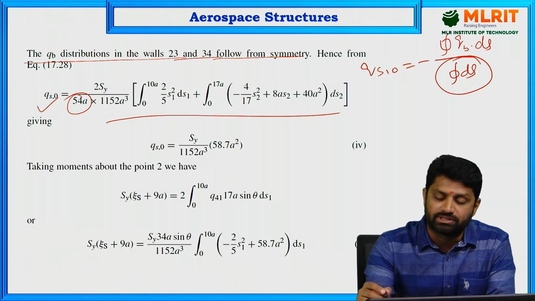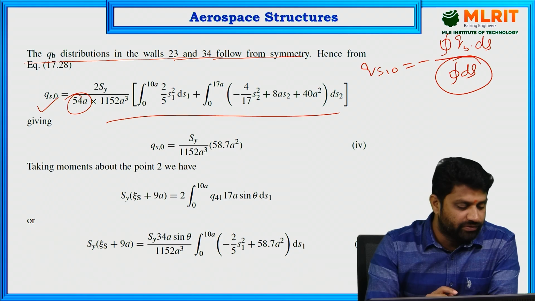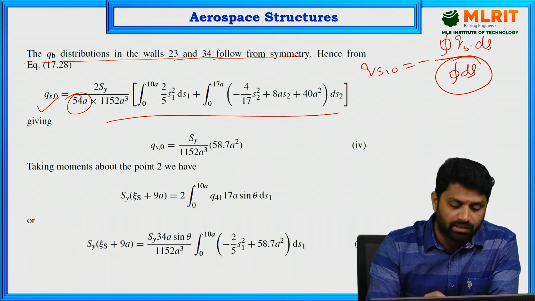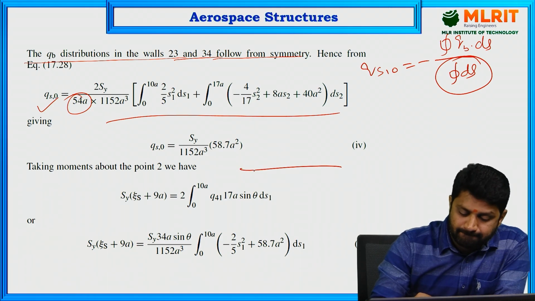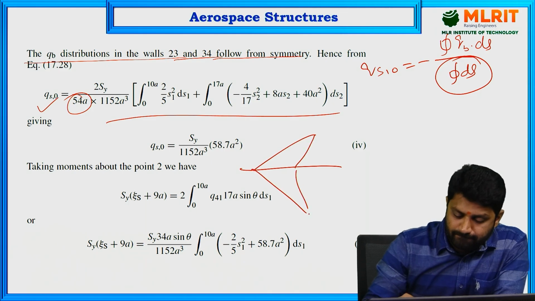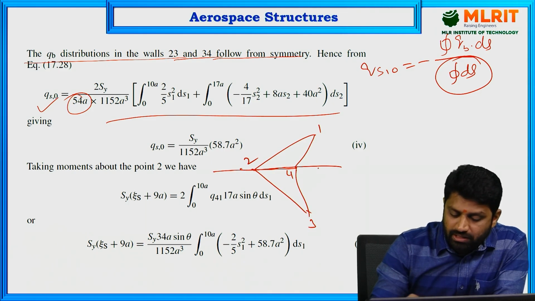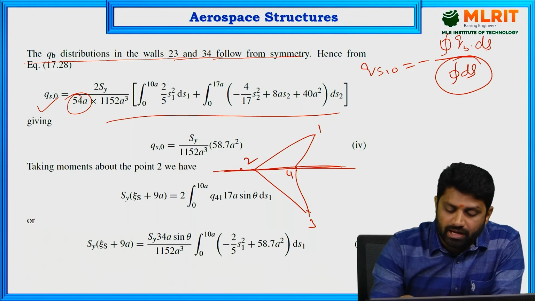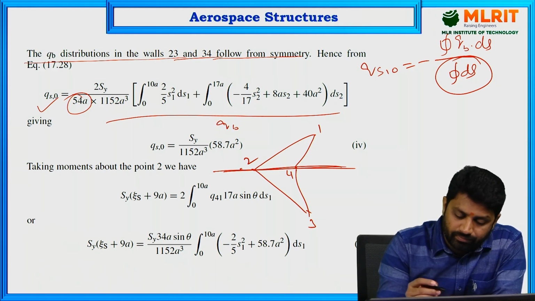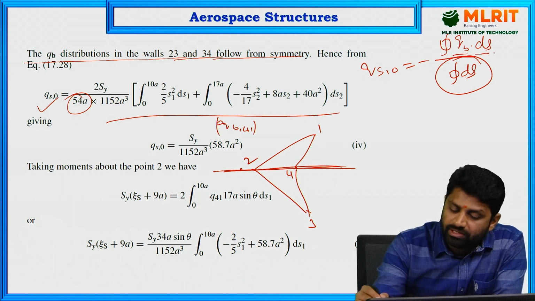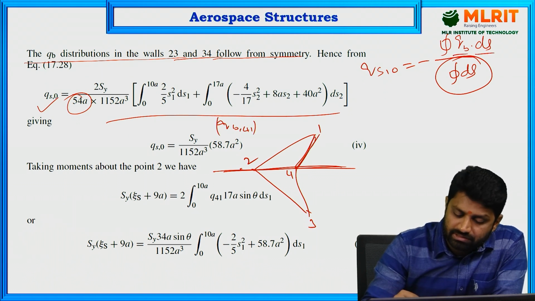So the rest of the procedure is QB into ds. What is QB into ds? We got QB12, and, for example, you have the figure like this, 4, 1, 2, 3, and you are concentrating only on the upper half. So first you write QB41 into ds. What is the length of this one?